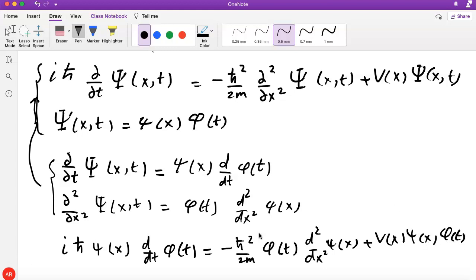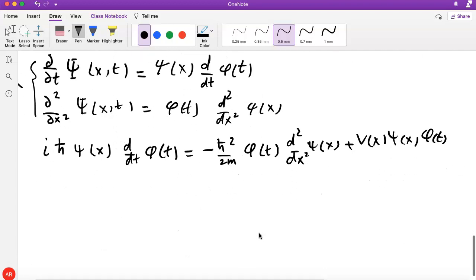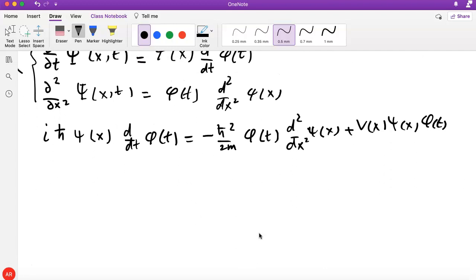And then plus V of x, just insert that product, psi of x, phi of t. Okay, so nothing special so far. But then I can take this equation and divide both sides by psi of x and phi of t, or by the product of psi of x, phi of t. And you'll see in a second why that's a very useful step. That's kind of a standard technique in actually solving differential equations with separation of variables.